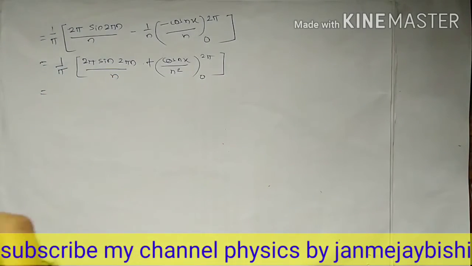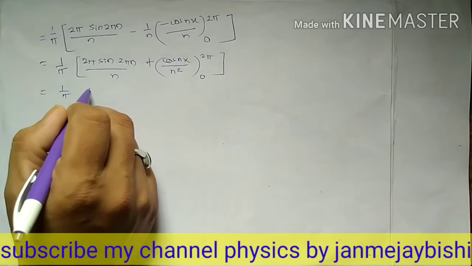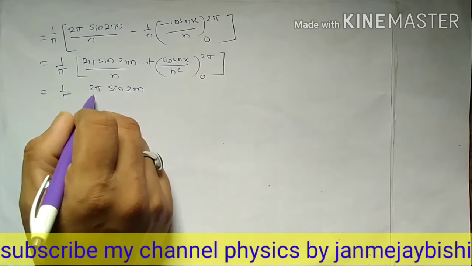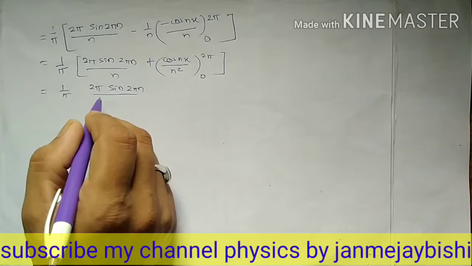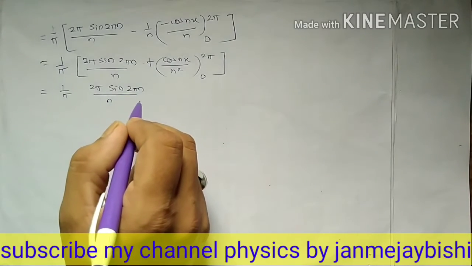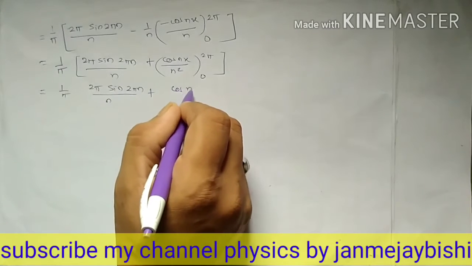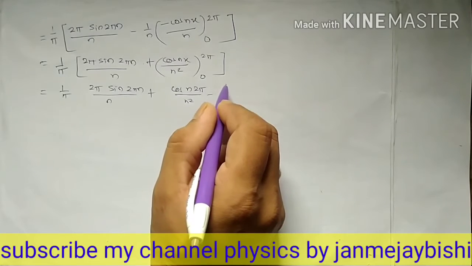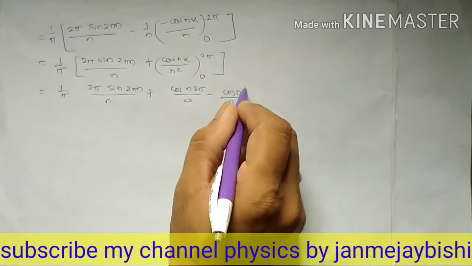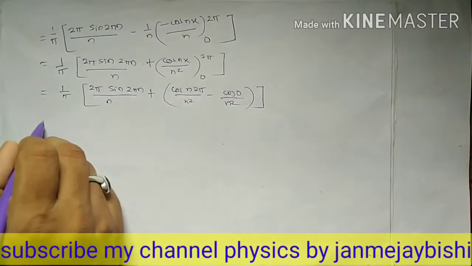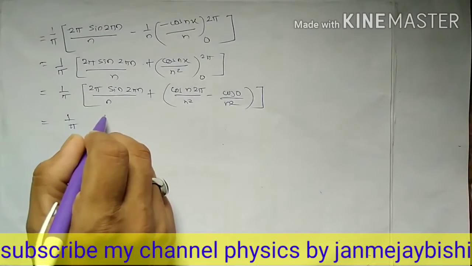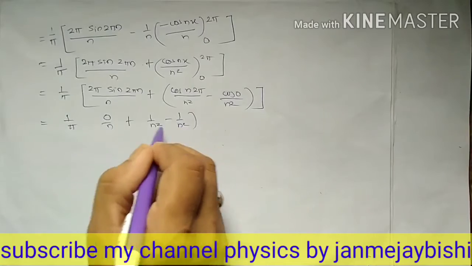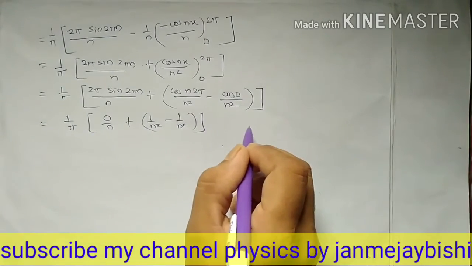So now 1 by pi, 2 pi sin 2 pi n divided by n plus cos 2 pi n divided by n square minus cos 0 by n square, end of the whole bracket, is equal to 1 by pi, 2 pi times 0 by n plus 1 by n square minus 1 by n square.